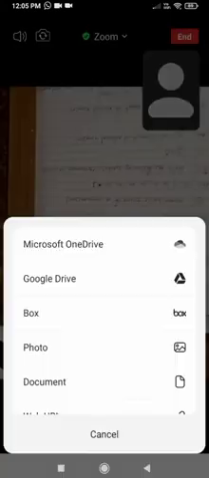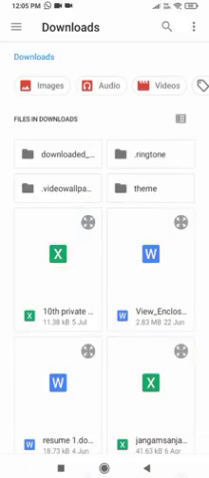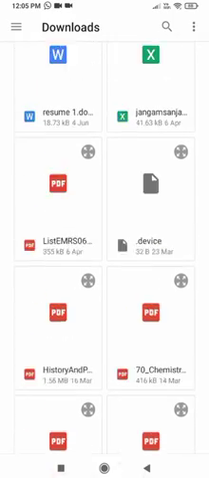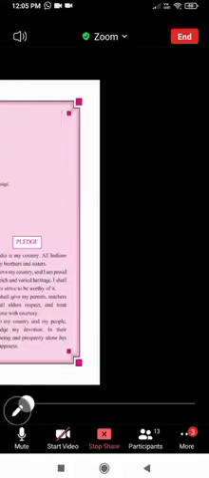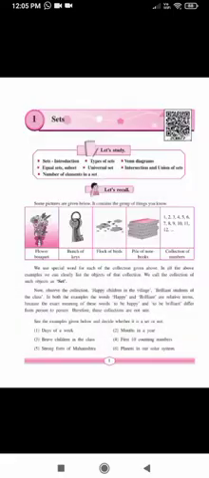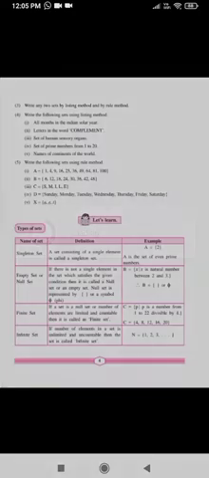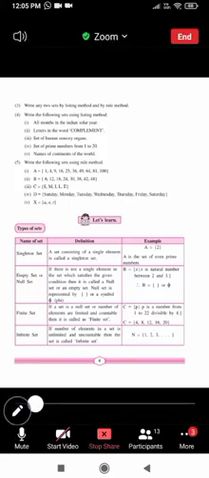Let's see the last questions. Question number 3 is: write any two sets by the listing method and by the rule method.